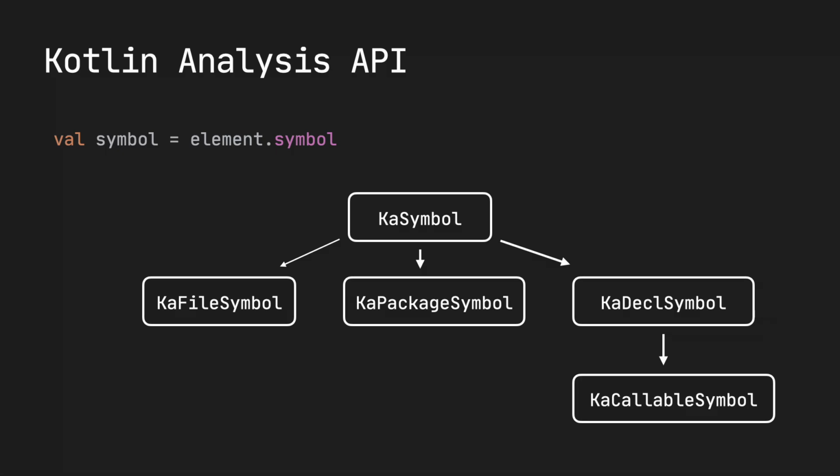All these different things give me different information, and it's all dependent on the type of KT element that I provide to the analyze method. So this is an overview of what symbols are, and they're very, very useful.